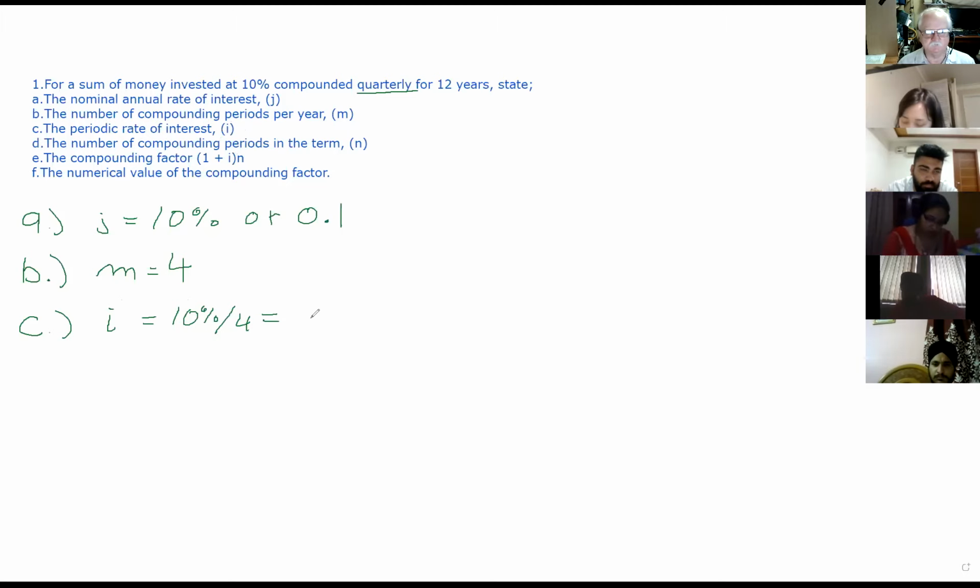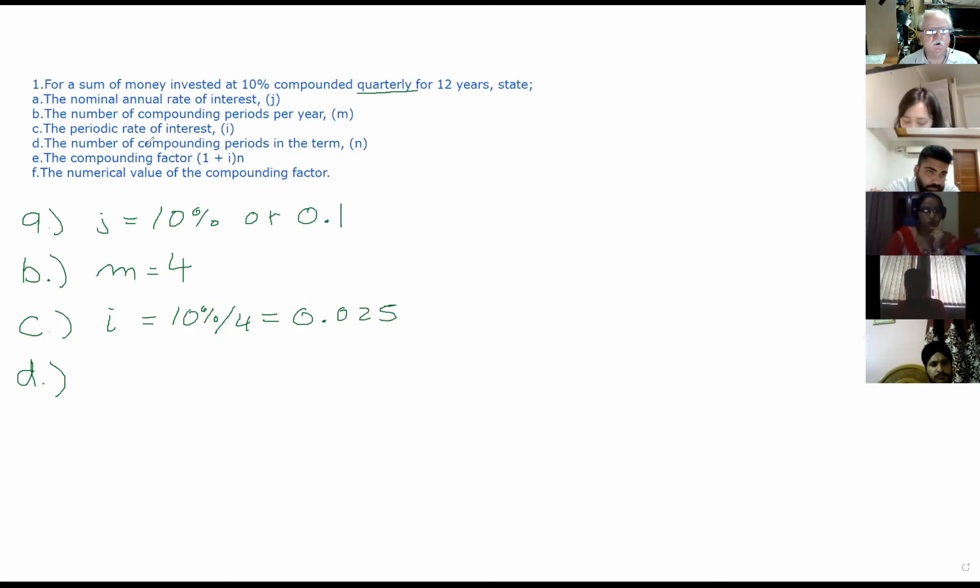What do we get here? 0.025. So if it's 10% a year, it's 2.5% every quarter. Does that make sense? They've just got to figure it out per quarter if they're compounding it every quarter.